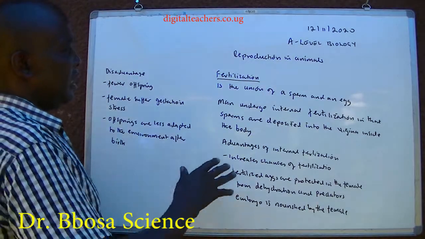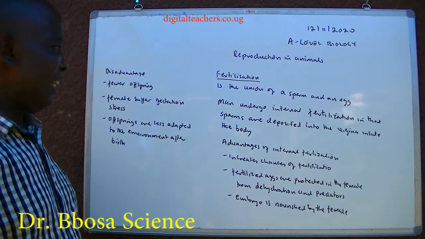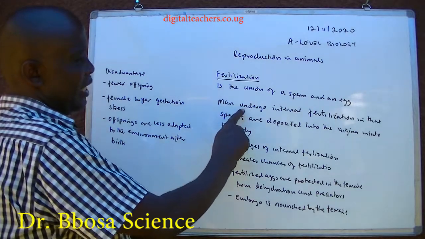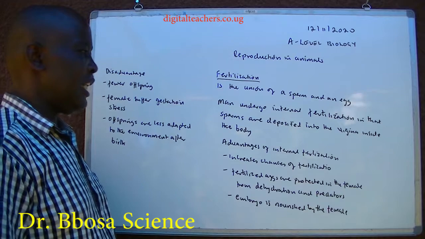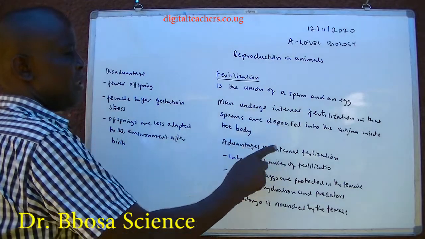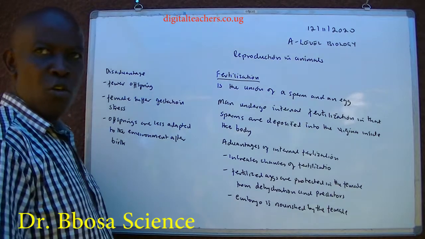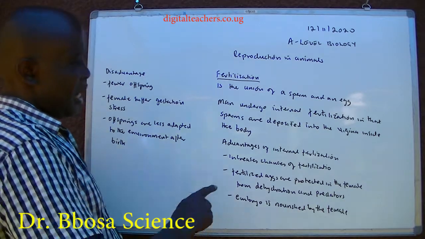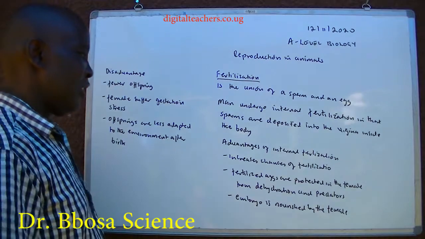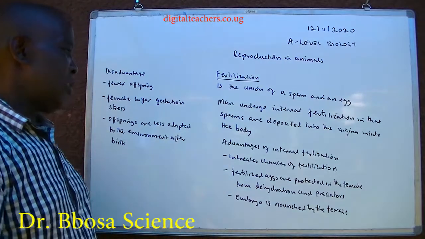Fertilization is the union of sperm and egg. Man undergo internal fertilization in that sperms are deposited into the vagina inside the body of the female. Advantages of internal fertilization: increases chances of fertilization.